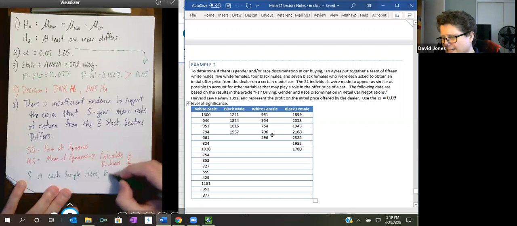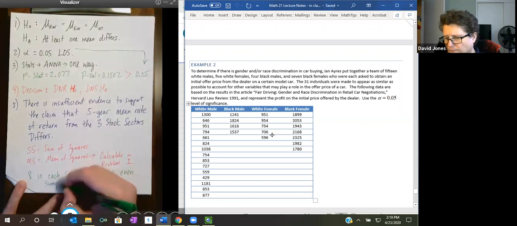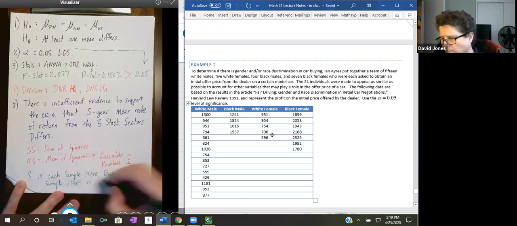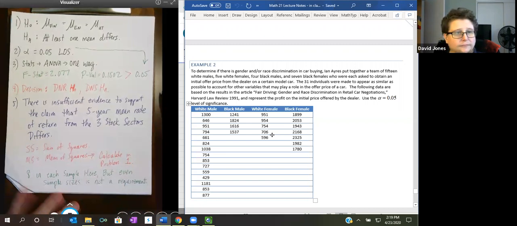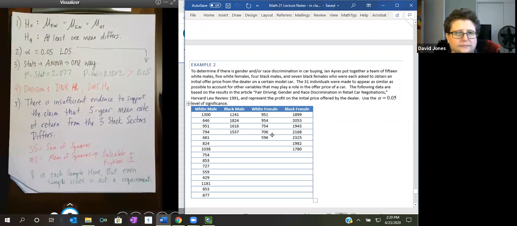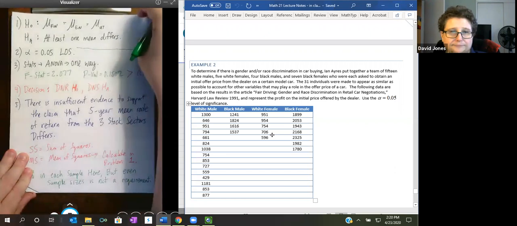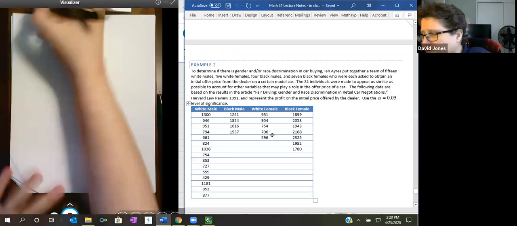But even sample sizes is not a requirement, as we can see in the new problem. This is on page 157 of our lecture notes.